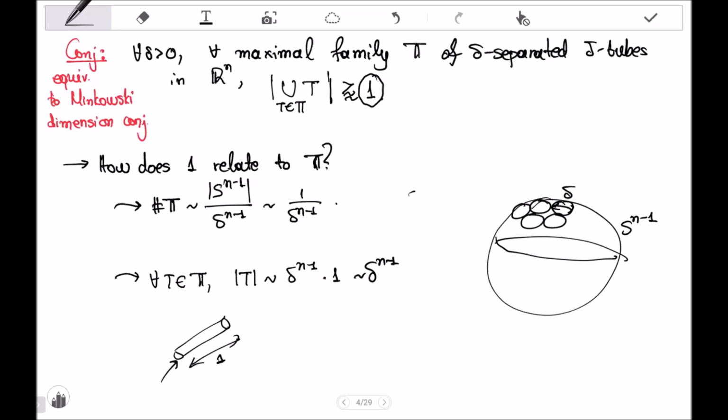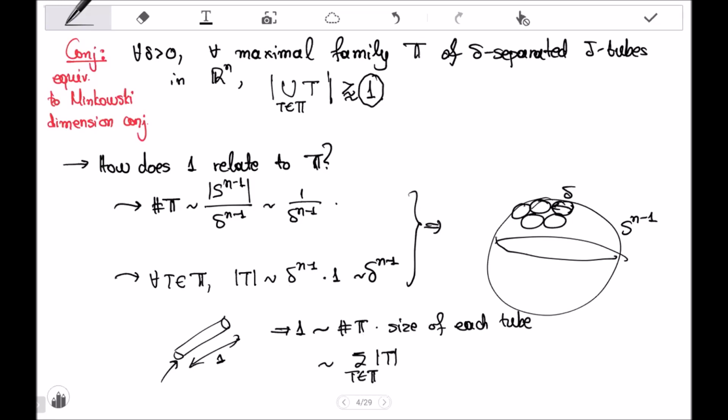So 1 is the product of these things, which means that 1 is the number of cubes times the size of each. In other words, it's the sum of the sizes of the cubes. Okay. And that is a much nicer way to understand this right inside here.